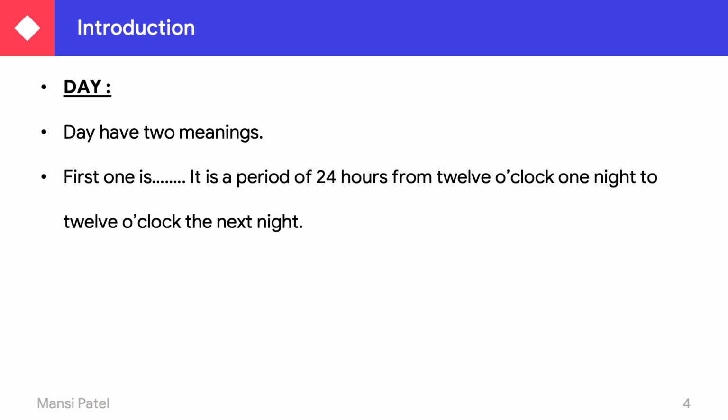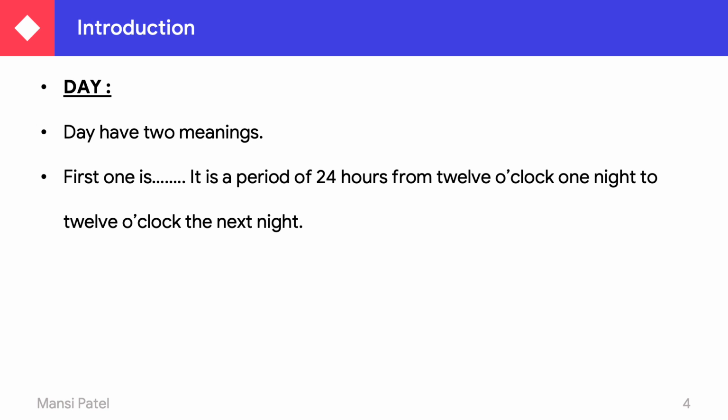How is this? From 12 o'clock one night to 12 o'clock the next night, 24 hours are completed. In other words, we can say 12 midnight to the next 12 midnight. It is the period of 24 hours.